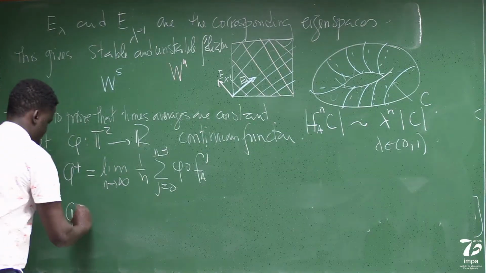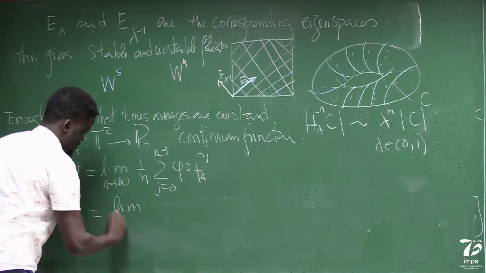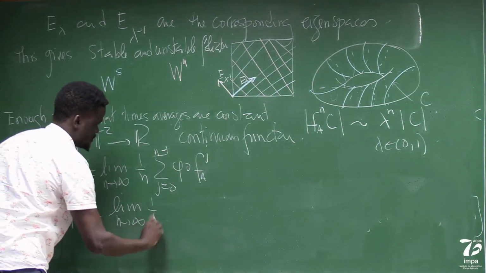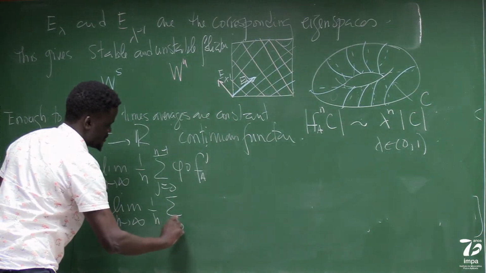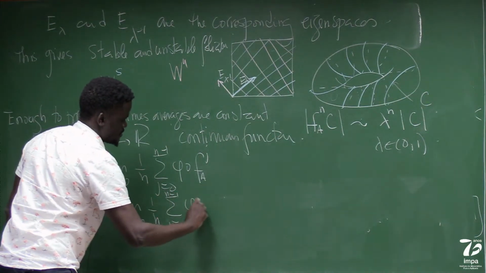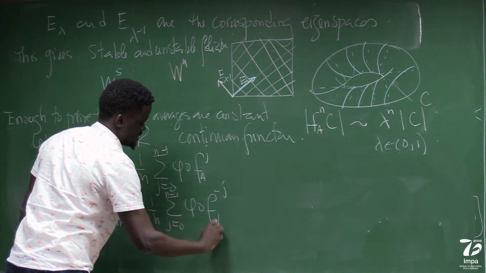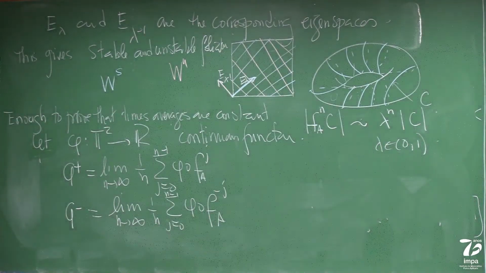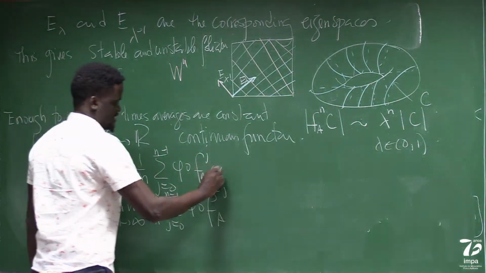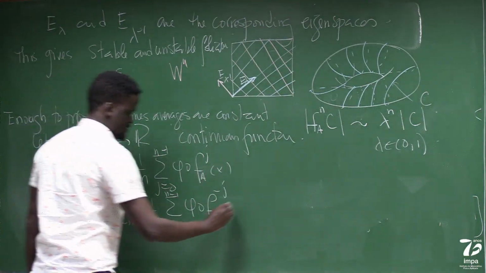And also I will define phi minus, with f^(-j) of A. Why do we have these limits? Do we have them at every point? Do we have them at least for some points? Somebody knows? Yes, because of Birkhoff, since Lebesgue is invariant, this exists for Lebesgue almost every x.